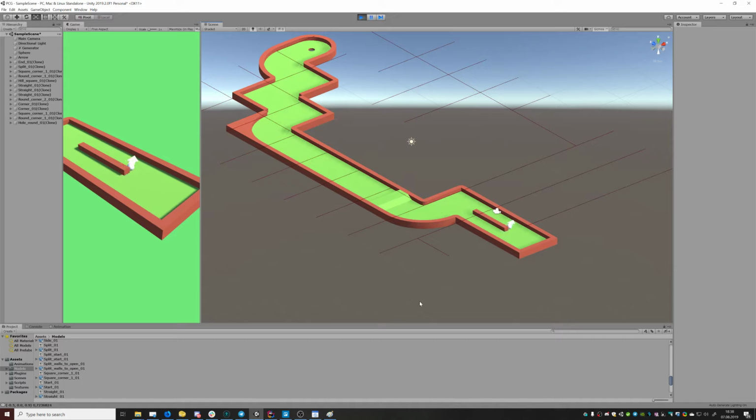And this is actually kind of a weird approach which I've never seen before, but let me explain.